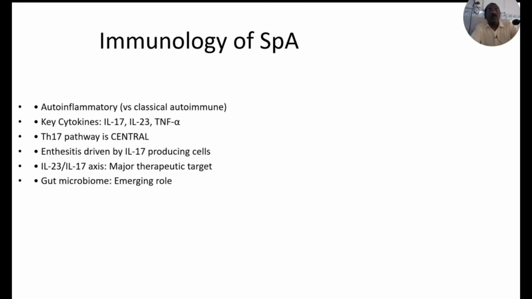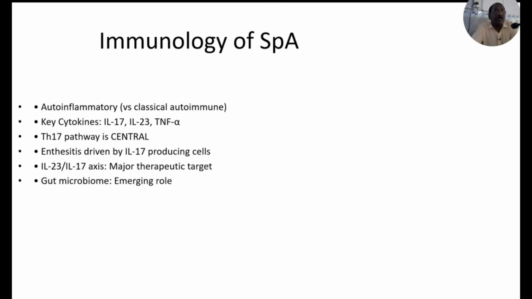See, the immunology of the spondyloarthritis is autoinflammation versus the classical autoimmune. In the classical autoimmune diseases, you have a lot of antibodies, the double stranded DNA, RNP, okay. They are negative here, in the spondyloarthritis. The key cytokines here are tumor necrosis factor and interleukins.